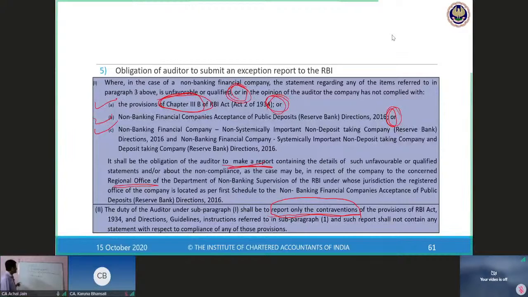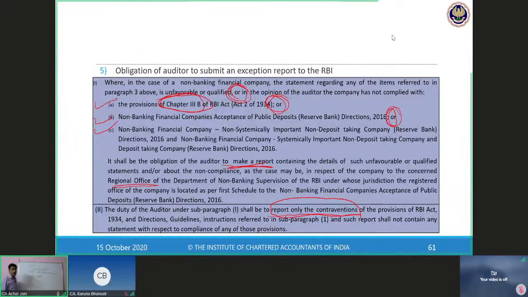Now in this case, the auditor of this NBFC is considering reporting this matter, that the CRAR is not as per the specified limit of the required regulation.